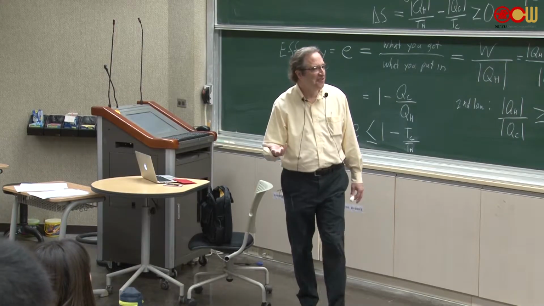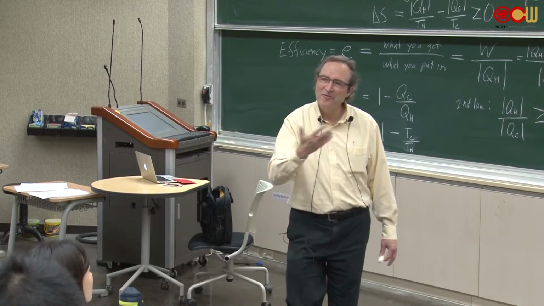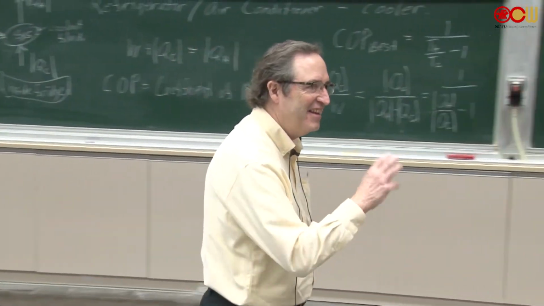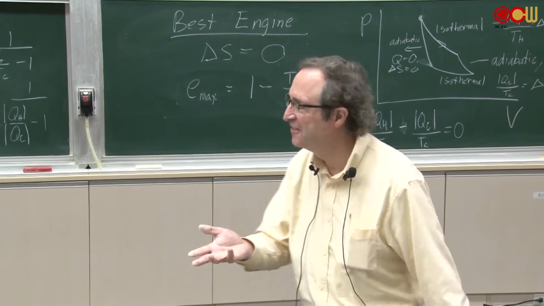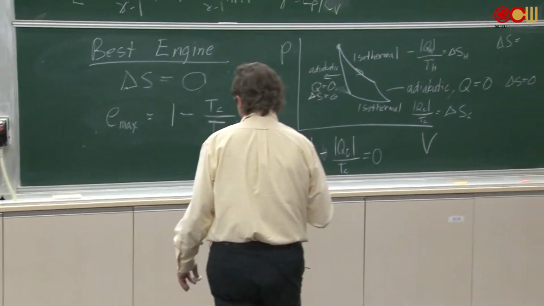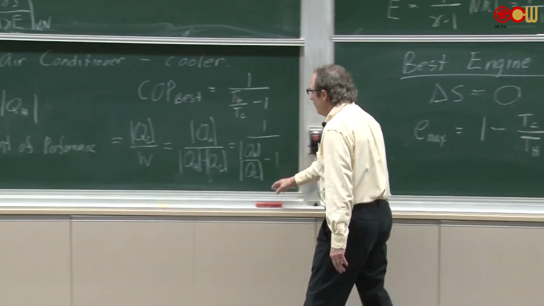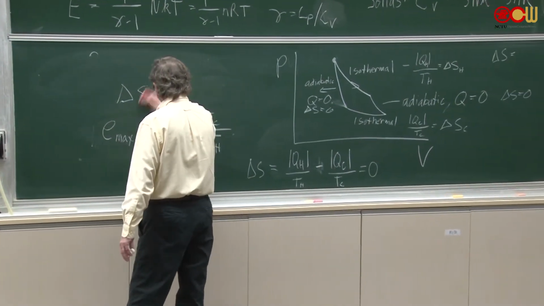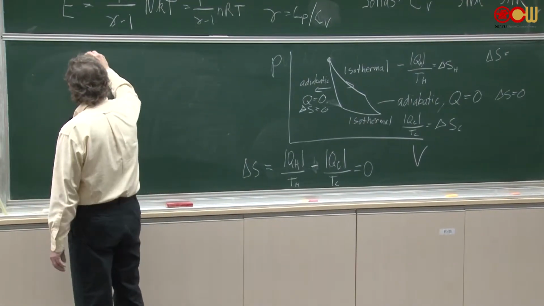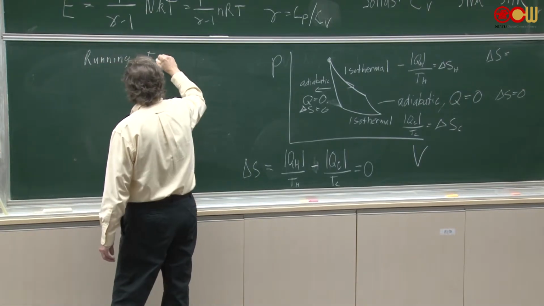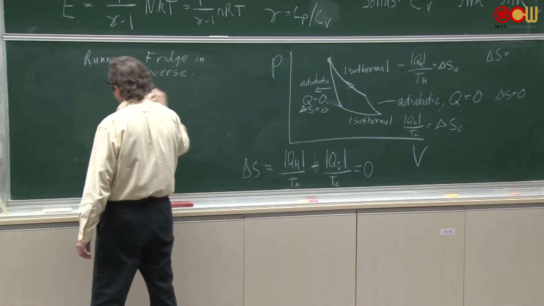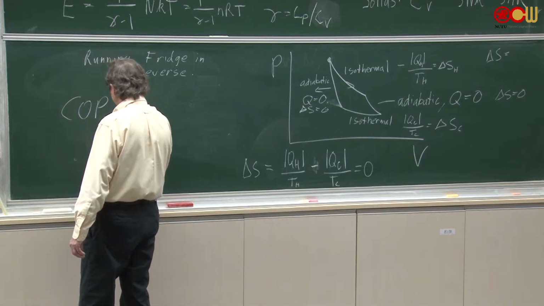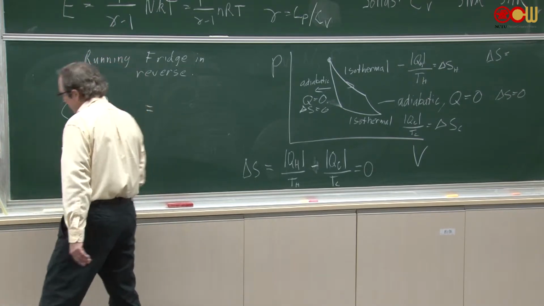You can run your refrigerator in reverse. You could pretend that the inside is the outside and the outside is the inside, all right? And you get a coefficient of performance for the heater part. So running the fridge in reverse, you get COP for heating. This is for cooling.